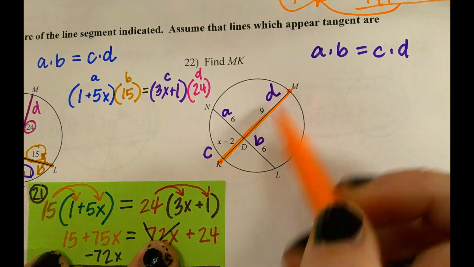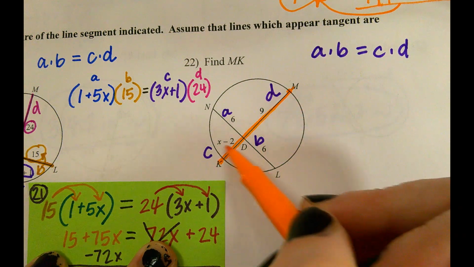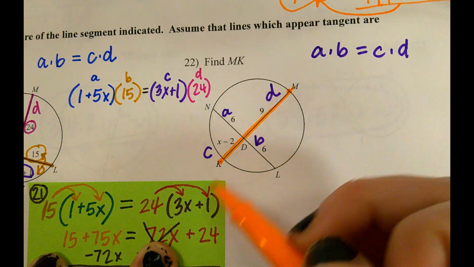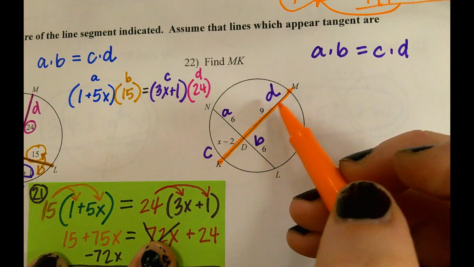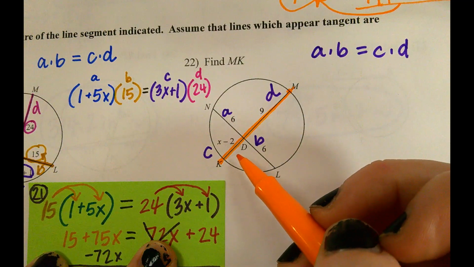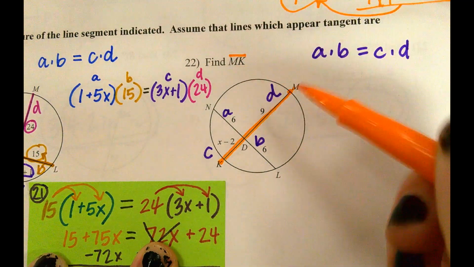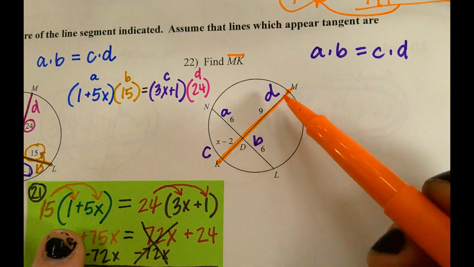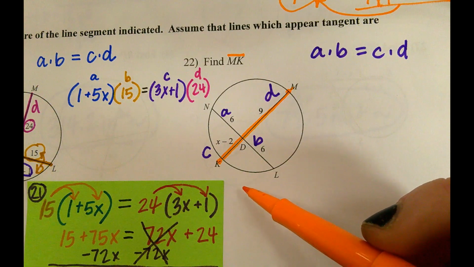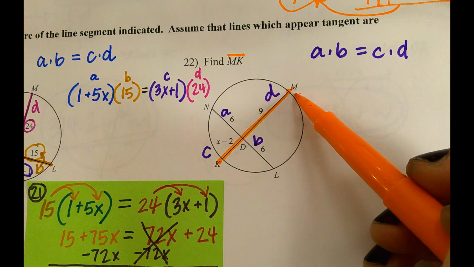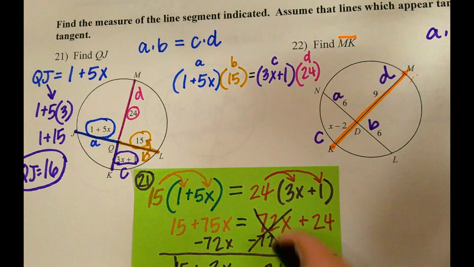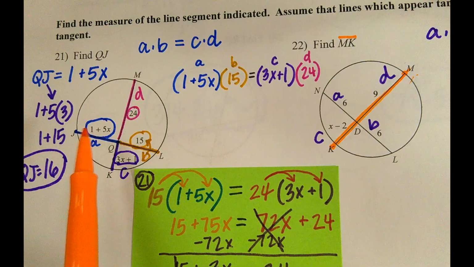So MK is going to be not just x minus 2, not just 9. How do I put those together? Over here, I was able to just write QJ is 1 plus 5x because it was just this part.